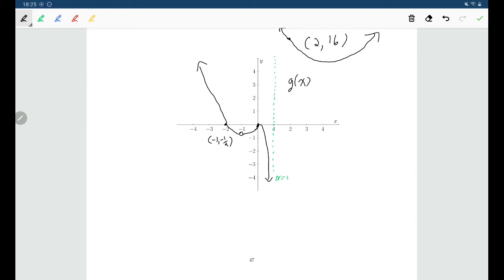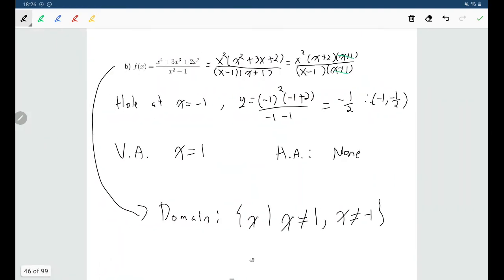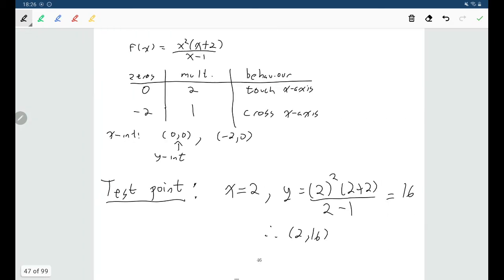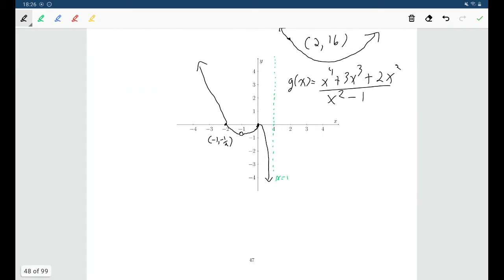G of x, which was x to the 4 plus 3x cubed plus 2x all over squared, all over x squared minus 1. Did I remember my function? Yes, I did. Good, I remembered it all. Excellent. So there's our function, nicely graphed.